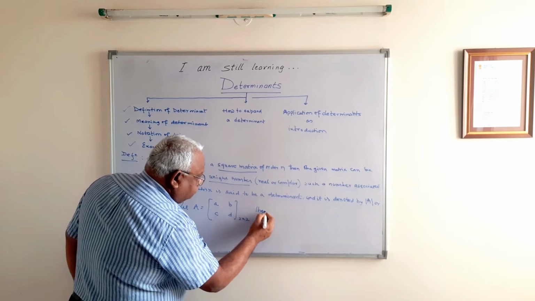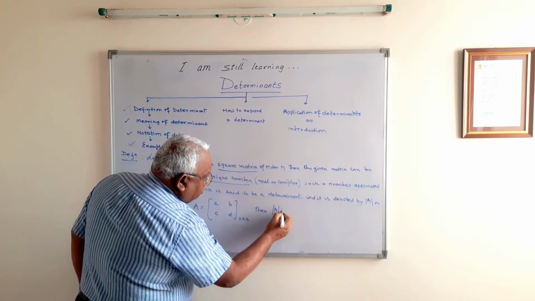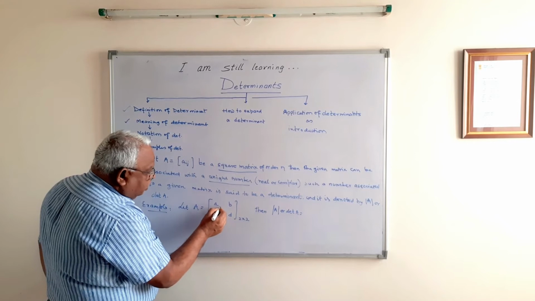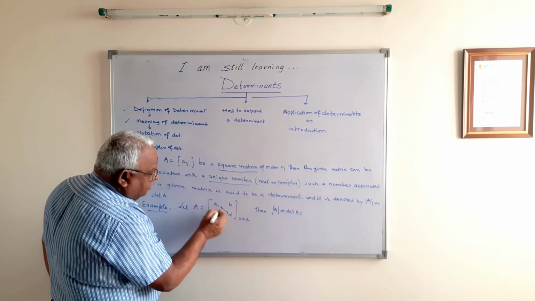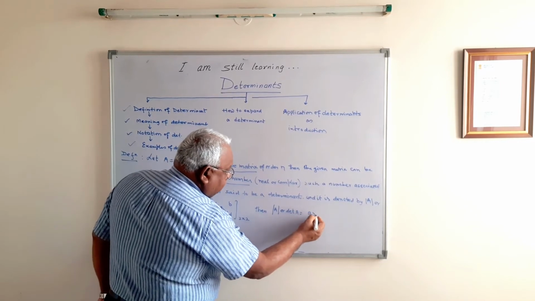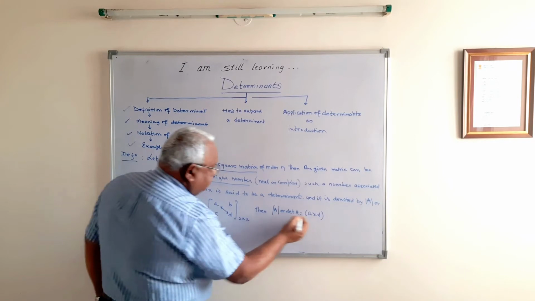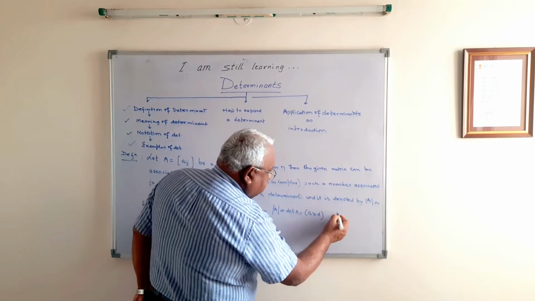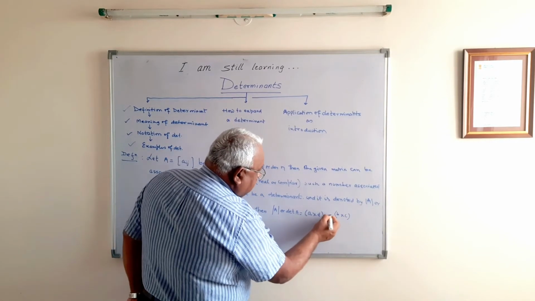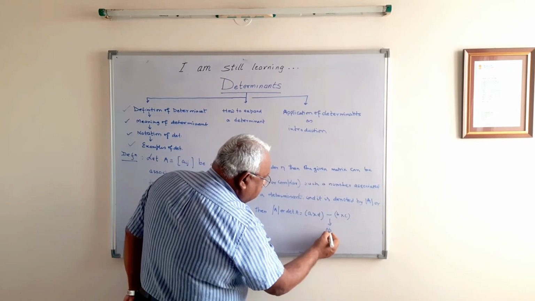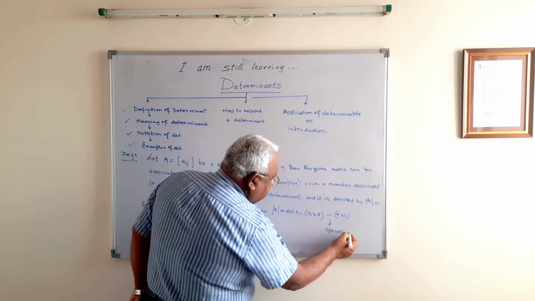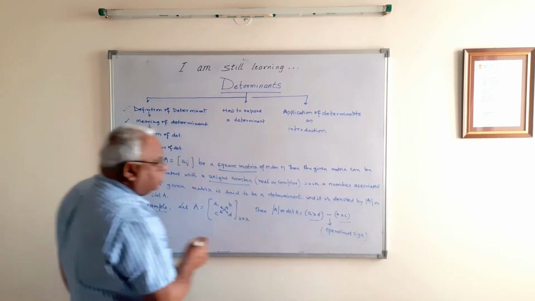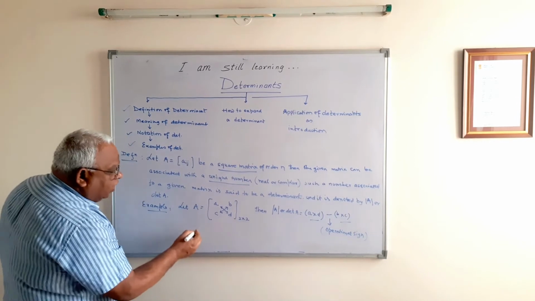Then determinant of A is defined as multiply A with D diagonally, starting with the main diagonal elements, and then cross multiply, and this is the operational sign between the two products.